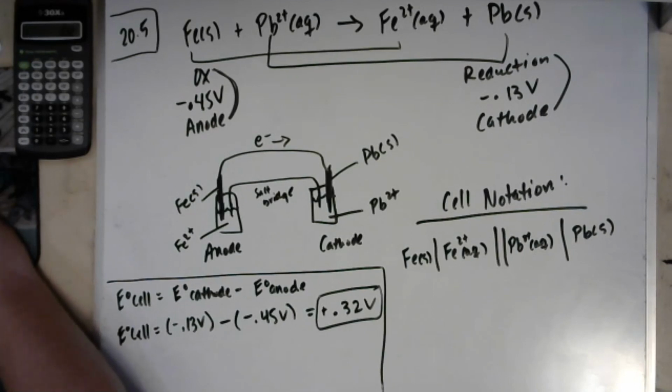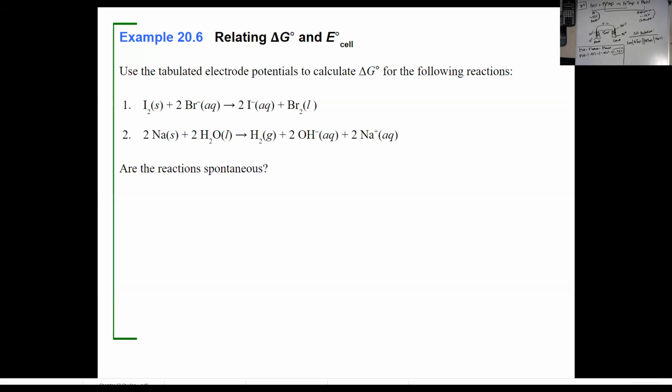Next question asks us to use the tabulated, let me put it up there for you. This question says to use the tabulated electrode potentials to calculate delta G for the following reaction. Okay, so this is just going to be building on the examples that we've already done. We're going to calculate E cell, okay?